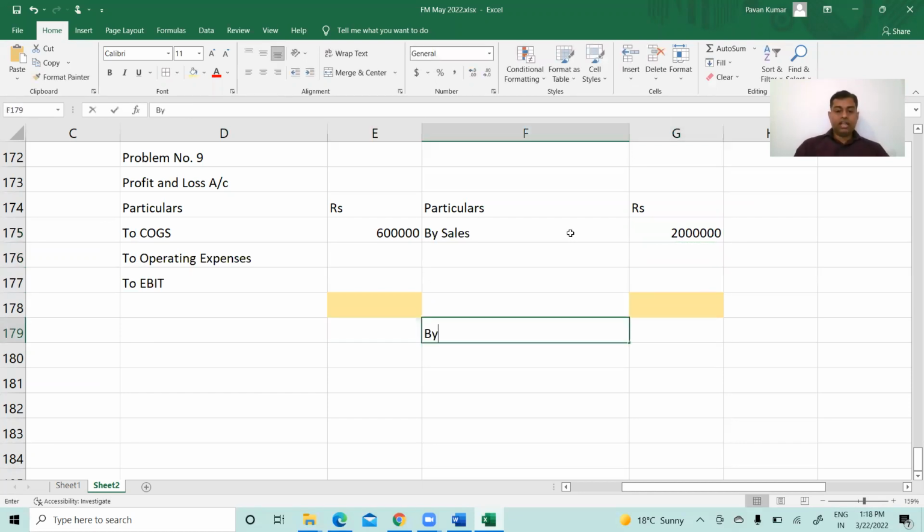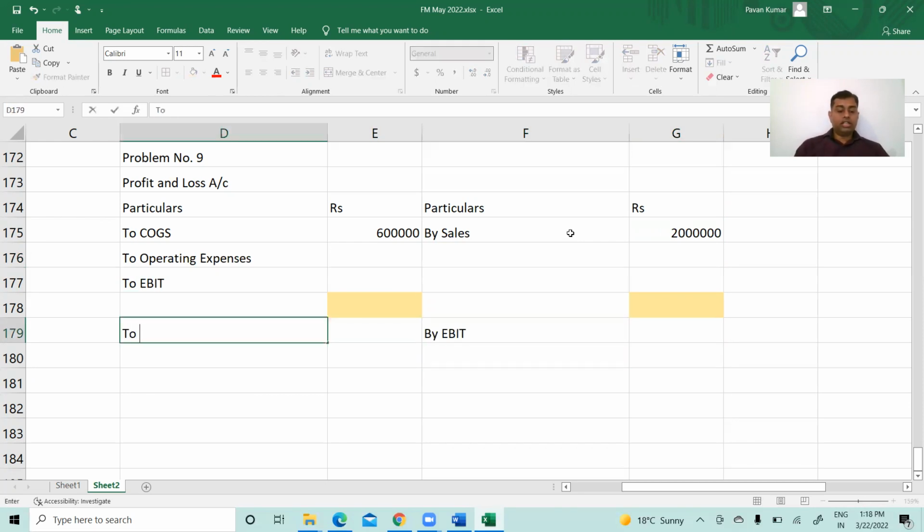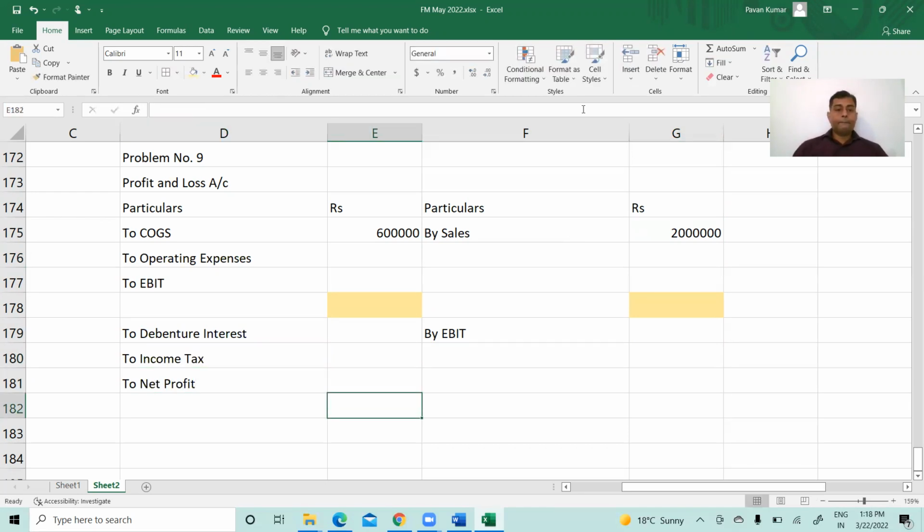Here by EBIT brought forward, they have given to debenture interest, to income tax, net profit. That's all. This is our P&L. Is it right?